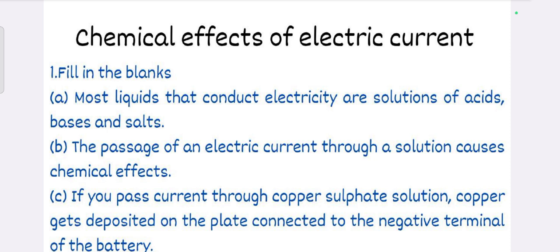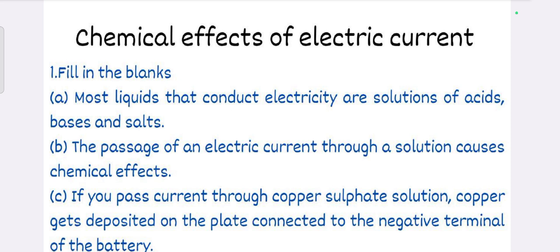Question number 1. Fill in the blanks. First, most liquids that conduct electricity are solutions of acids, bases and salts.